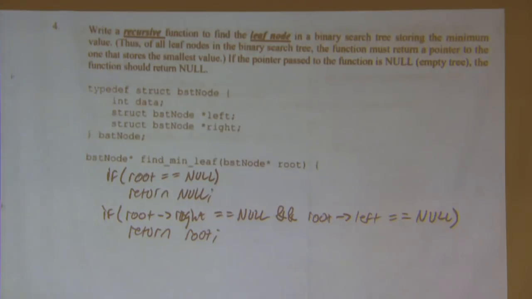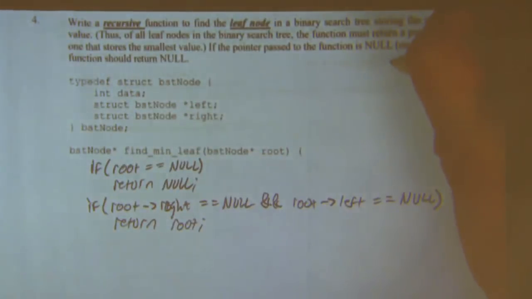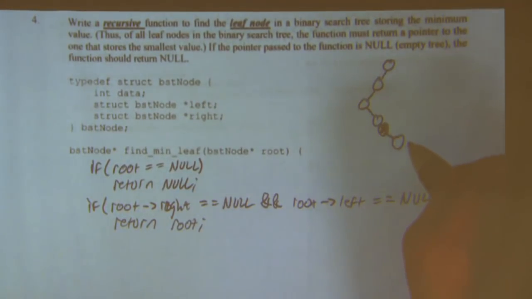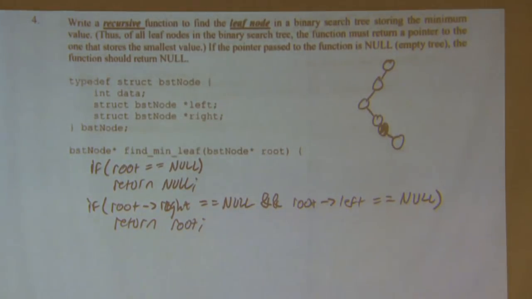Because there are cases where, if I have a weird looking tree that's sort of this, right? The minimum leaf node is this one, right? Because that's the only leaf node that we have. And so we need to be able to find that, and so we do have to move right sometimes. Okay.